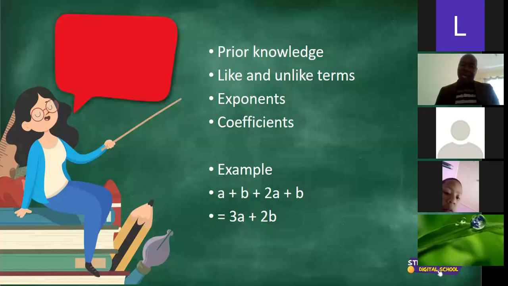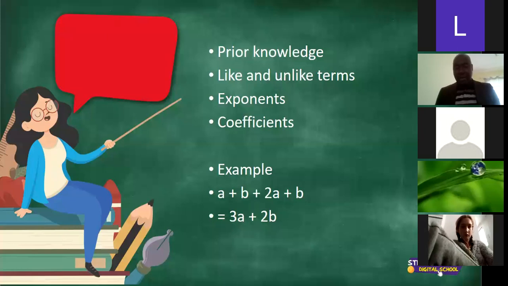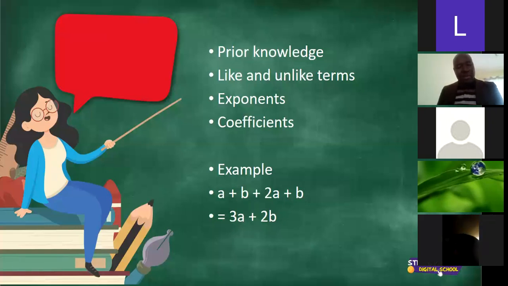They are not like terms. They are unlike terms. But if you look at our example, we don't only have A plus B, we also have 2A plus B. What does this mean? This means that you are going to add the like terms together.